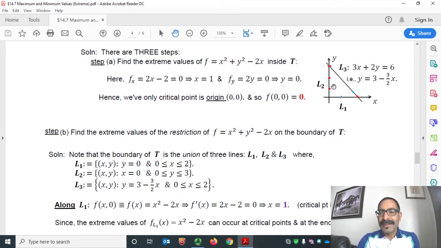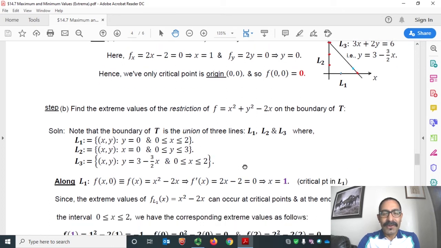And L3 is this line, 3x plus 2y equals 6. Then solve for y: take the 3x to the right side and divide by 2. It turns out y equals 3 minus 3 halves x, with x between 0 and 2. I hope these equations of the lines make sense to you all.